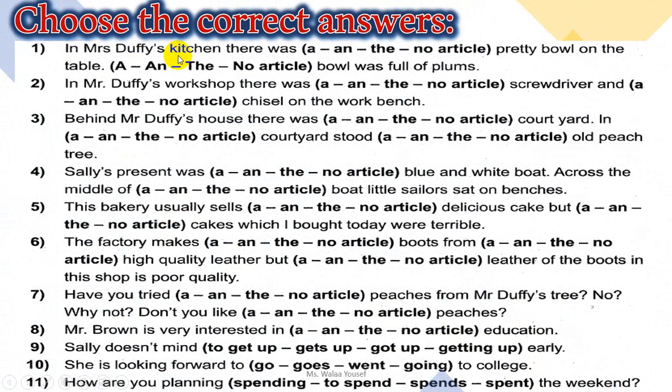In Miss Duffy's kitchen, there was a bowl on the table. We didn't mention it before, so a. The bowl was full of balm. We mentioned it, so we put the. Number 2.